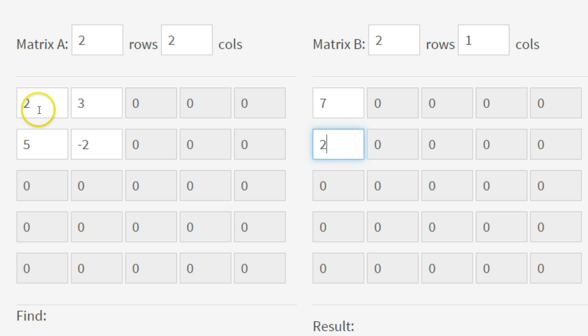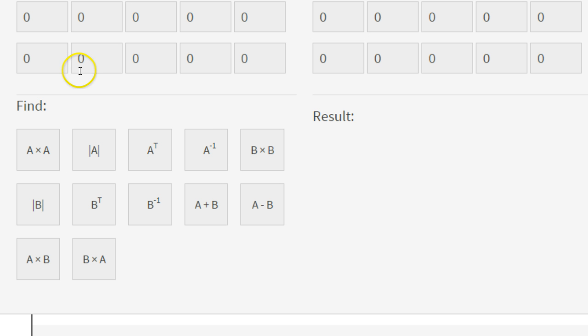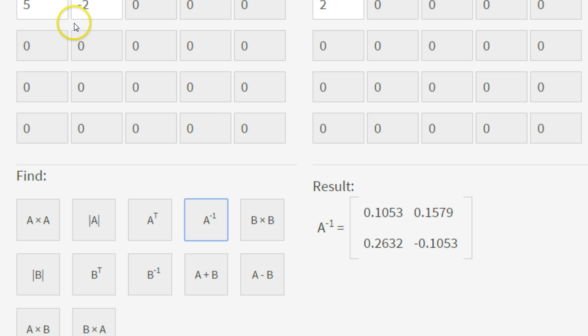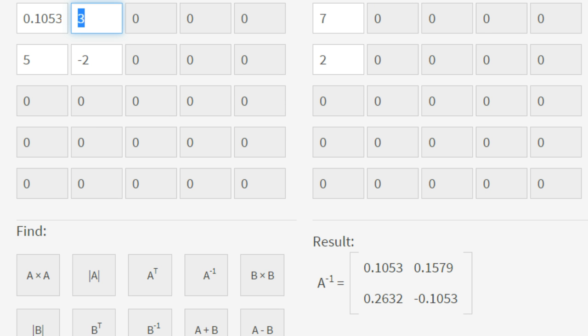I can, but I'm not going to because I want to get the actual inverse of it. So I'm going to go down here to the inverse, which is the -1 power, and I press enter, and I get these numbers. So when I get those numbers, I'm going to retype them back in and replace the numbers in here, transporting all these numbers into their same spots.